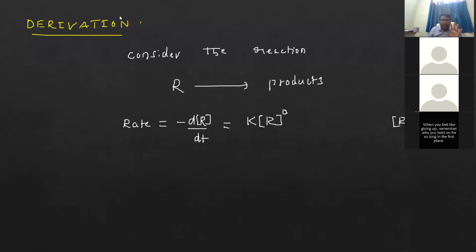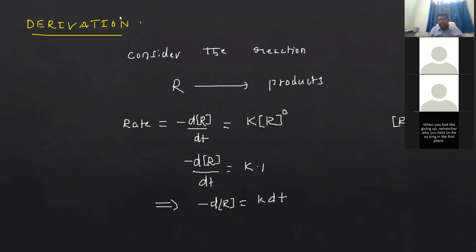So based upon this, finally this value is 1: minus d[R]/dt is equal to K, because it is 1, K into 1. Therefore, this equation can be written as minus d[R] is equal to K into dt.